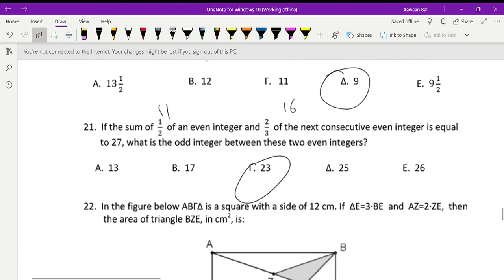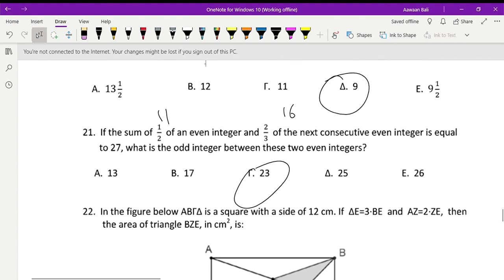Question number 21. If the sum of half of an even integer and 2/3 of the next consecutive even integer is equal to 27, what is the odd integer between these two even integers? Normally they use smaller numbers, so here it's 22 and 24.